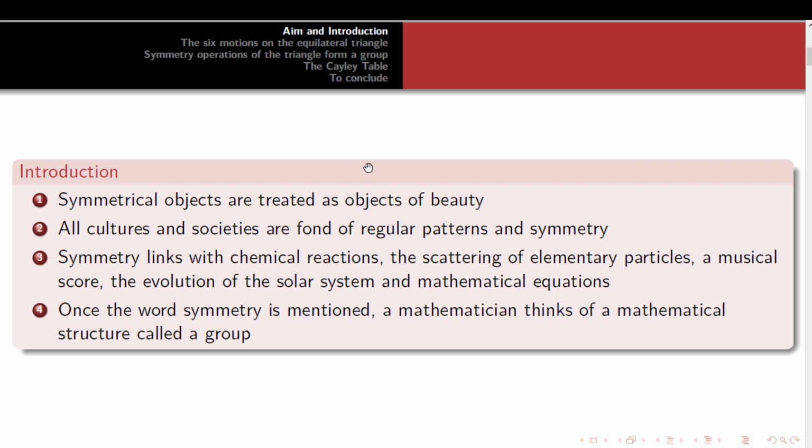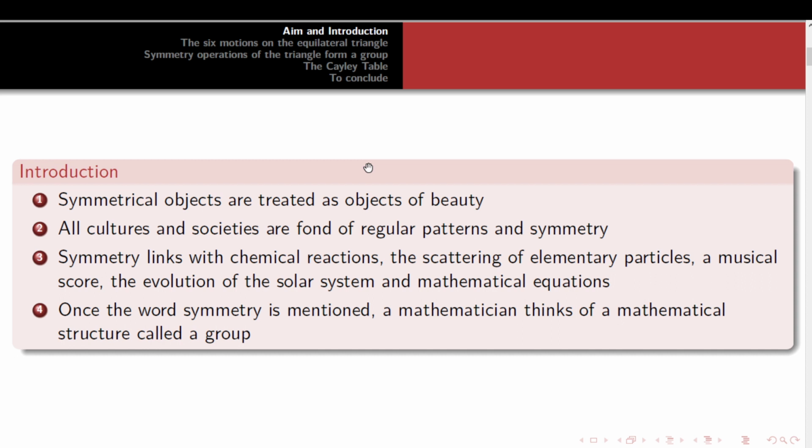Even symmetry links are connected with chemical reactions, scattering of elementary particles. A musical score, for example, sa re ga ma pa da ni sa ni tha pa ma ga ri sa. Even in that, you have a symmetry. One goes up, that goes down, right? So you have a symmetry there.